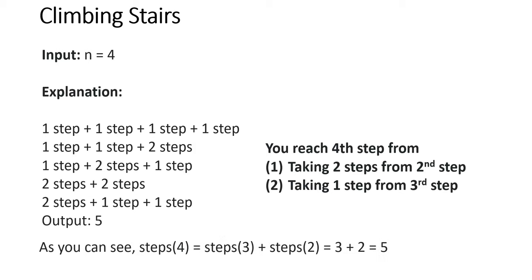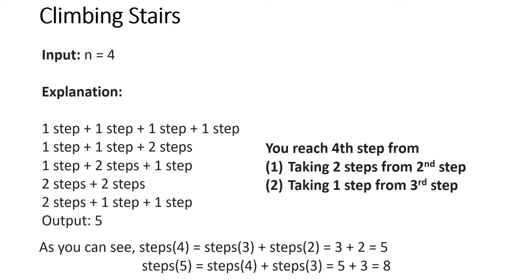So if you want to calculate the number of ways to reach the 4th step, then you need to calculate the steps of 3 and steps of 2 and add them. We know the steps of 3 is 3, steps of 2 is 2, you add them, you get steps of 4.